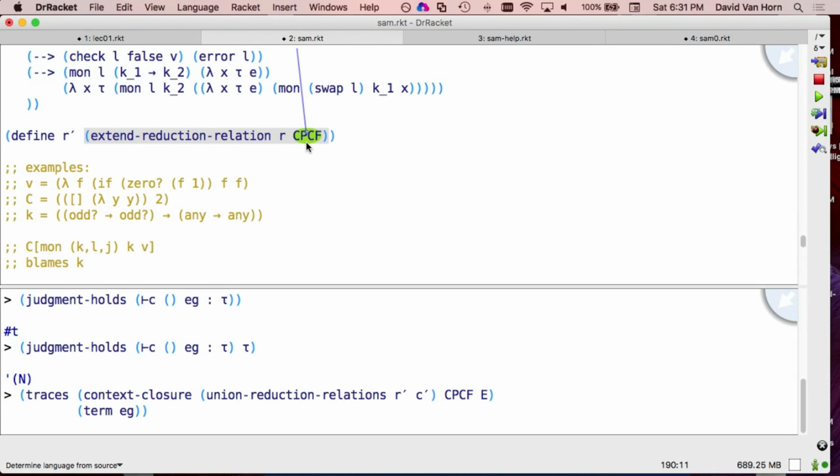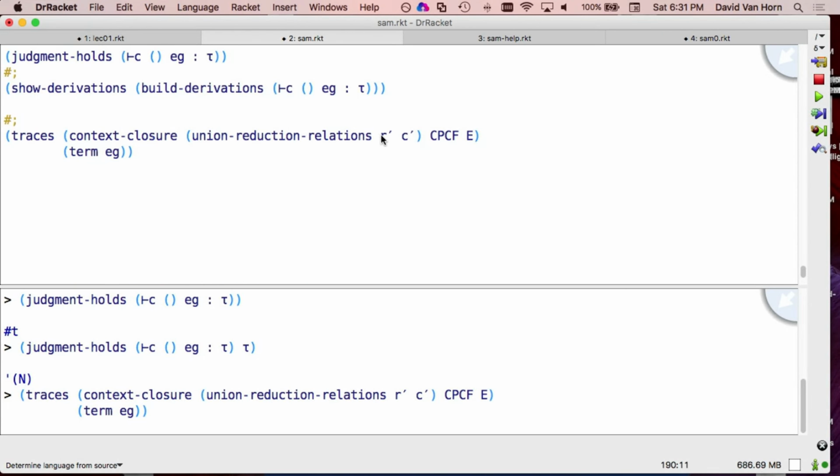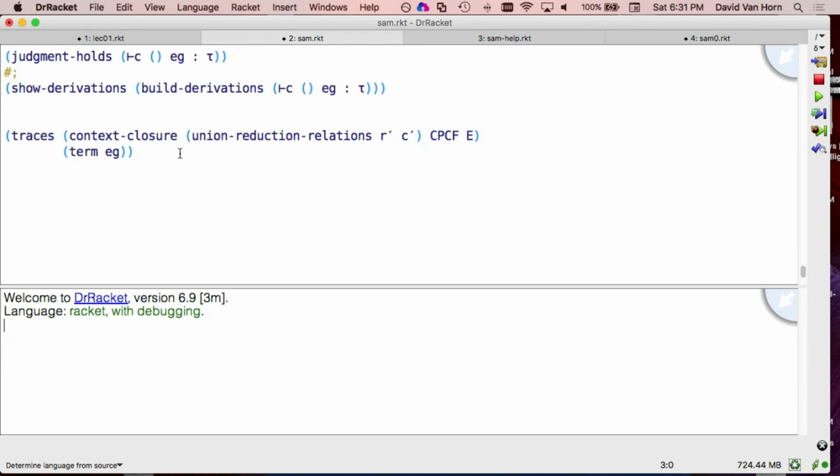Otherwise, they'll be stuck expressions that I wanted to reduce. C prime is the fixed up CPCF reductions dealing with contract checking. I take those two relations, union them together, and then do the contextual closure over evaluation context E. And then I can try it on my example.